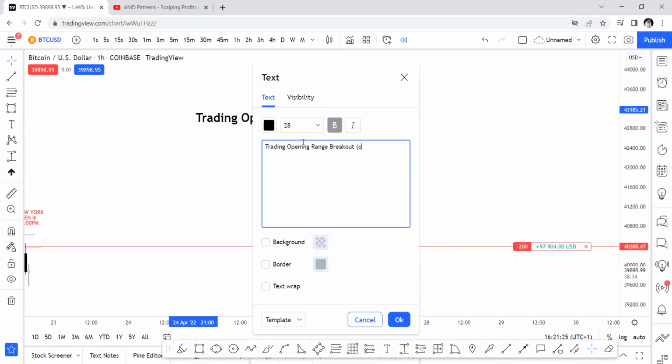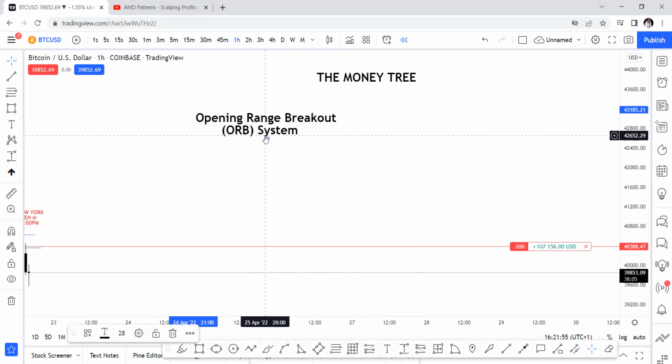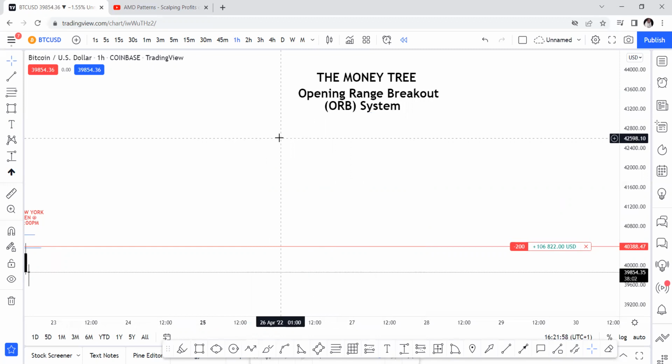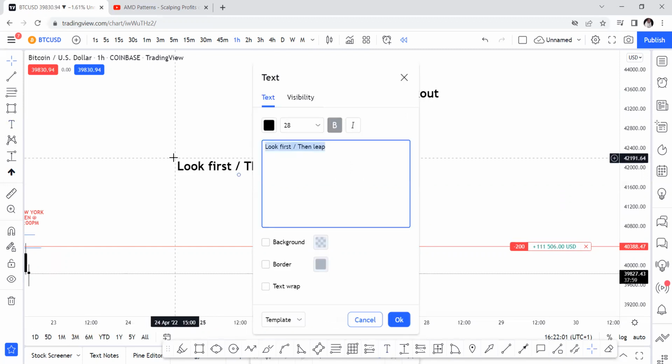The ORB system. Then three things to follow, three things to note, three things to do.